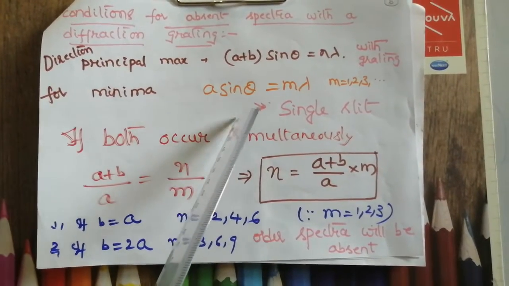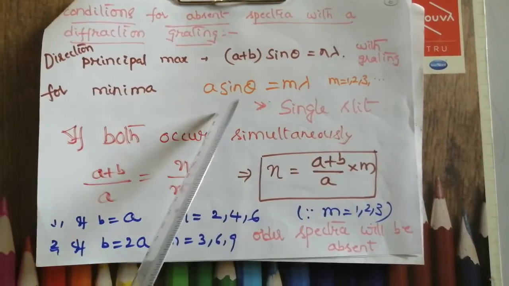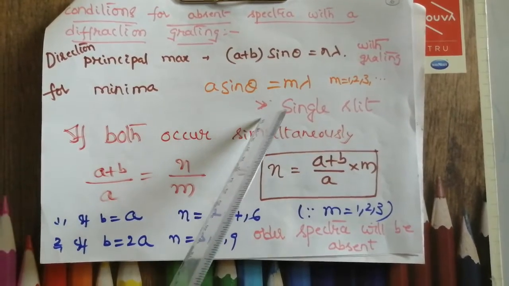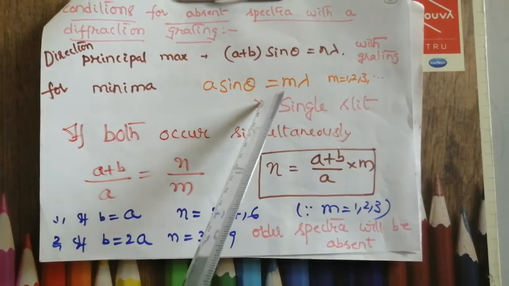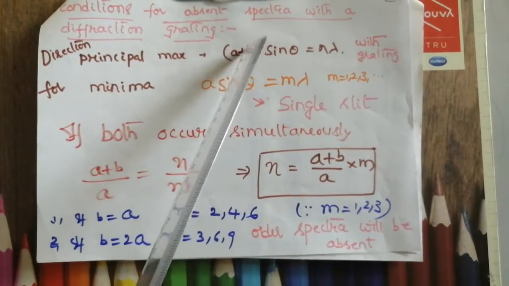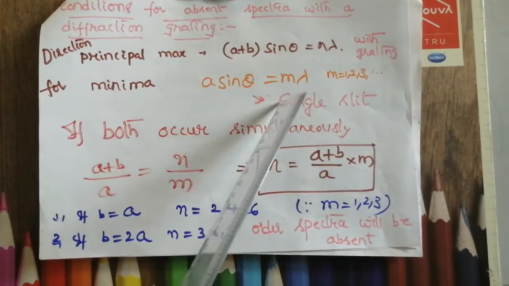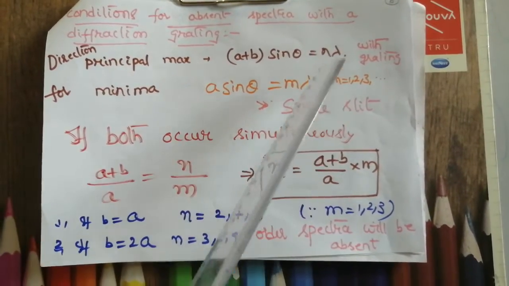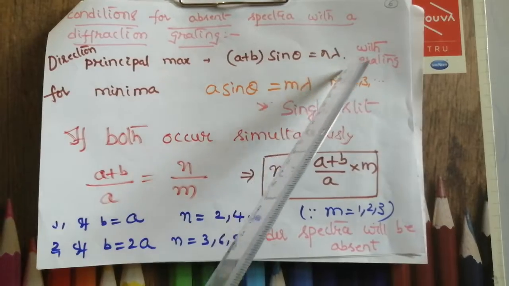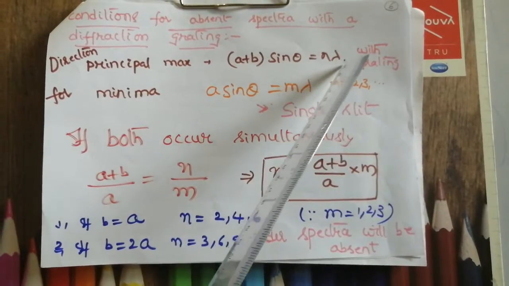Then if you multiply the two intensities, if one is 0, then the resultant will be 0. Here, as the first one is 0, even though the second one is maximum, the resultant intensity is 0. That means that this order will be missing in the final distribution curve.